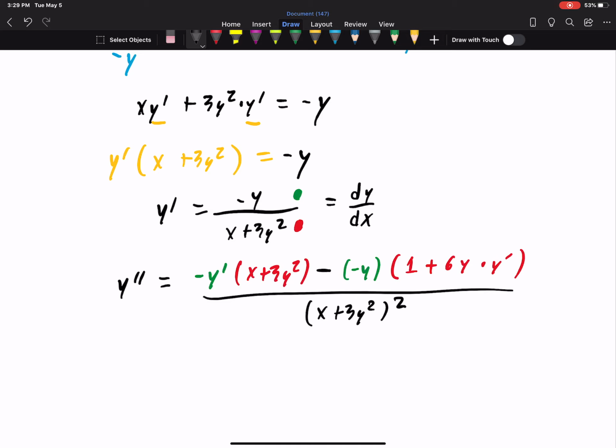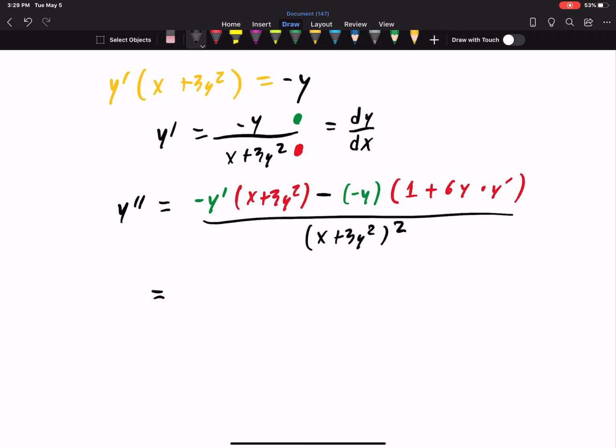The final step of this process is to replace all of the y primes with this lovely thing you found earlier. So you're going to replace this and this with the big blue circle. Okay, let's give that a shot. So every place you see a y prime, you're going to replace it with, I don't know why I erased that, this blue circle.